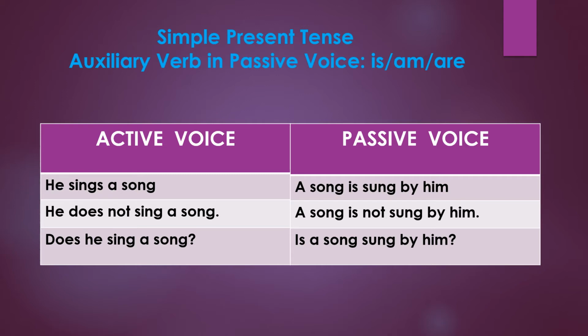So let's check here with an example. He sings a song. This sentence is in simple present tense. He is the subject here, sings is the verb, a song is the object. That is clear for us.